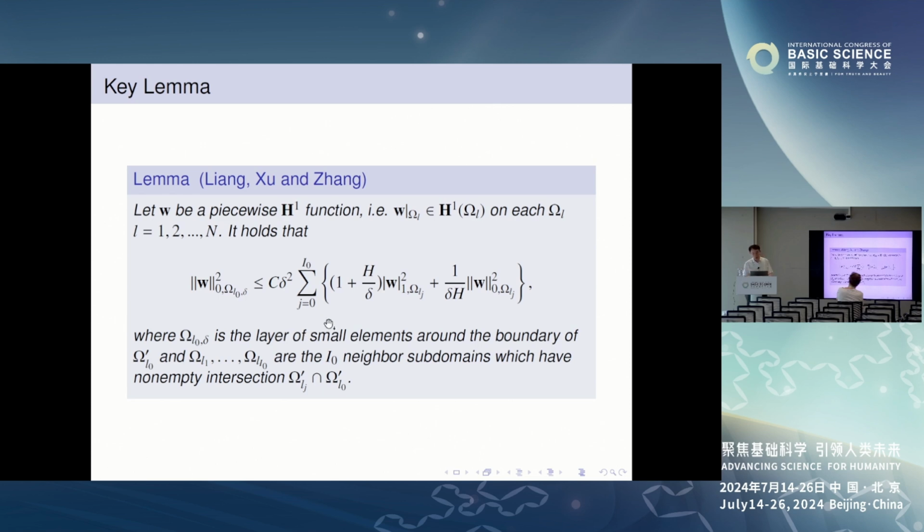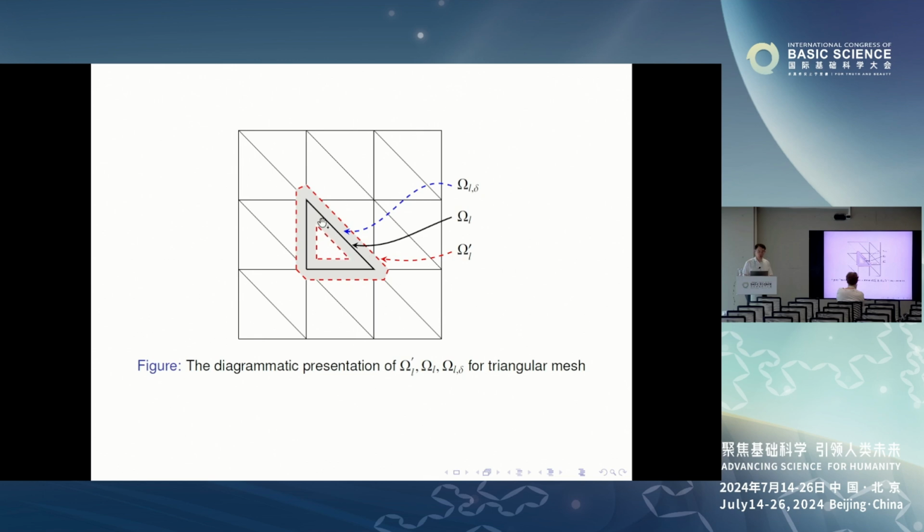So if W belongs to local H1 omega L, for example, if we partition into triangles, this is omega L, like this. So your extension layer is omega L prime. Because in the first part we considered rectangles, now we consider triangles. The idea is similar, okay?